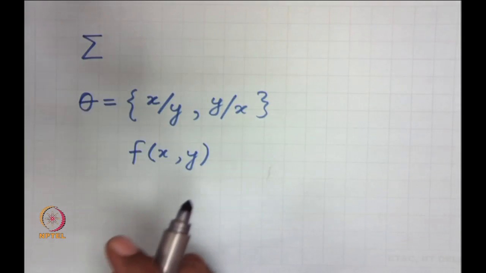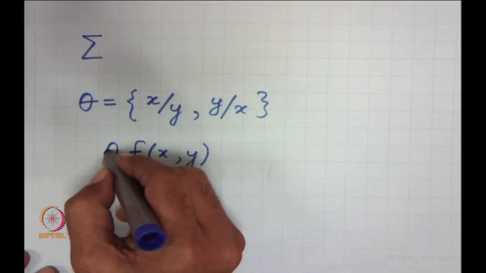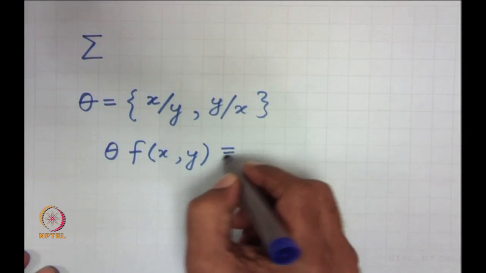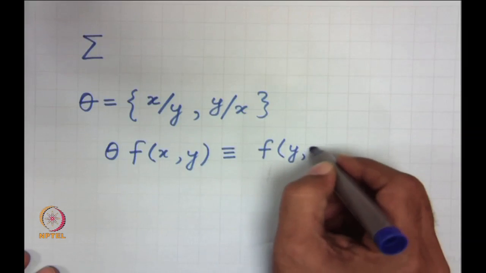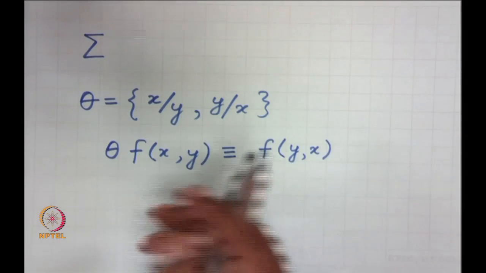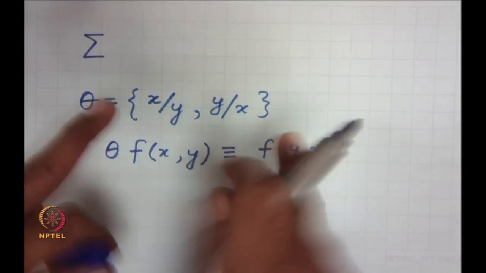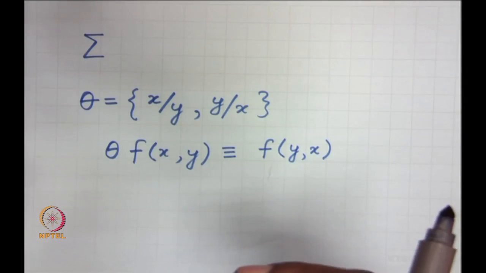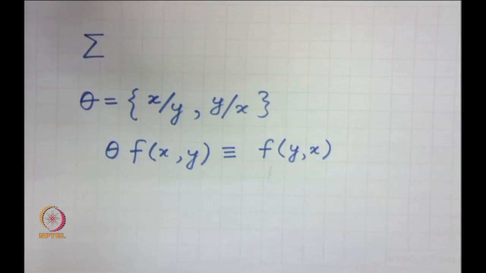then the notion of simultaneity of application essentially means that theta of f of x y is equal to f of y x. It is simultaneous and not sequential. There is no particular order. You look at all the occurrences of variables which have to be replaced and replace them simultaneously.